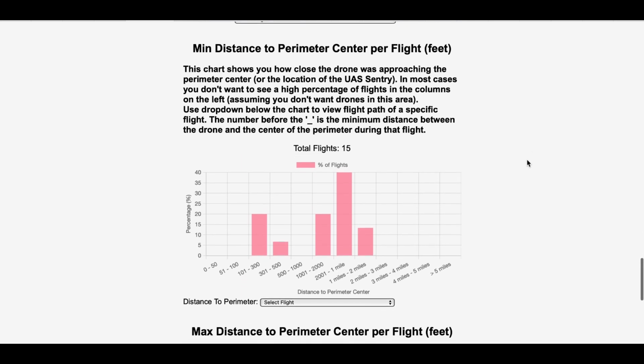The next chart shows the closest a drone ever got to the receiver. This doesn't really make a lot of sense when you have a portable unit, but if you have a unit, for example, in a prison, the flights that are flying really close to the prison, you may want to go take a look at.